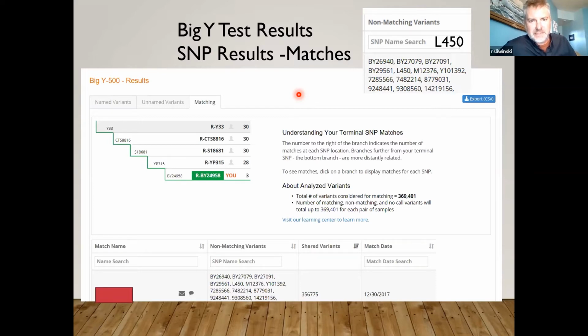which means that the L450 probably arose in my genetics, my family, between the 1700s and the 1900s. So it is a relatively new mutation within my genetics.